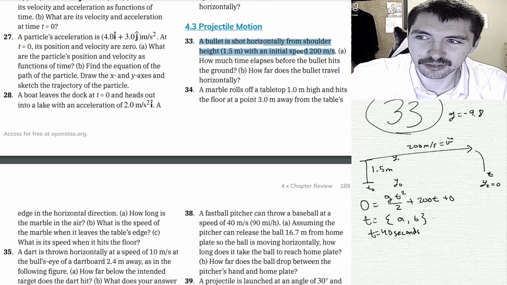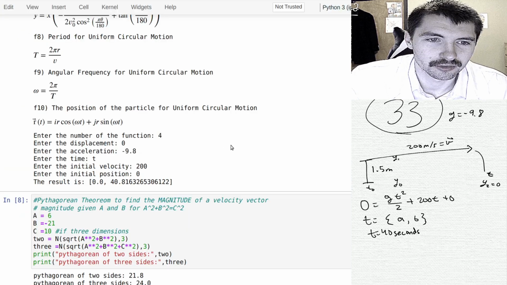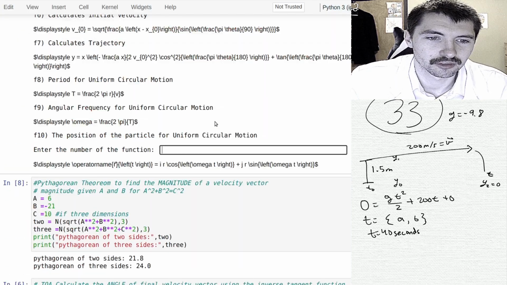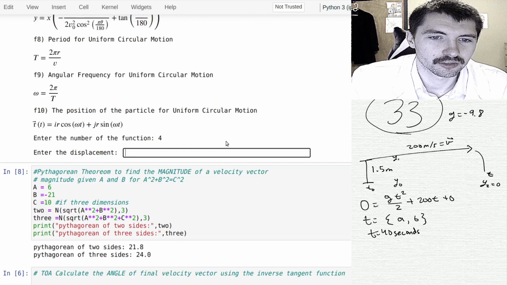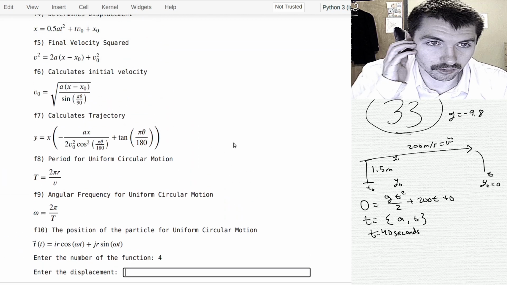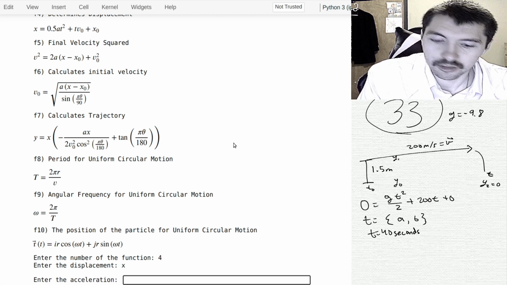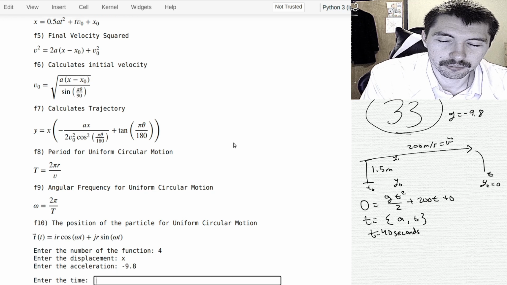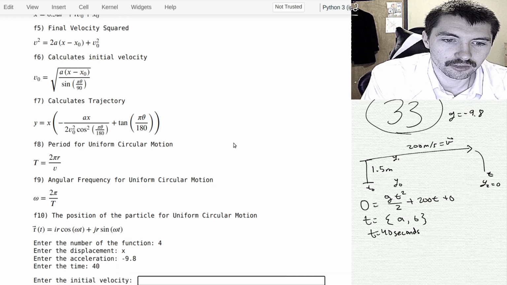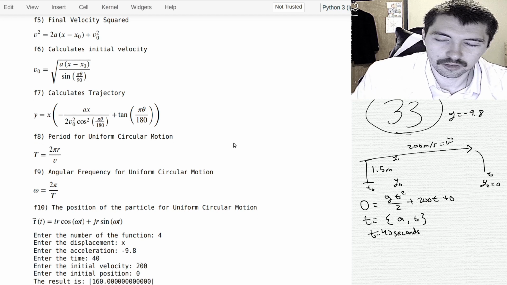Maybe it's not too bad. So we're just solving for x now. So we're gonna use equation 4. Okay, so displacement is what we're solving for. Negative 9.8, time 40 seconds. 200, 0, 160.